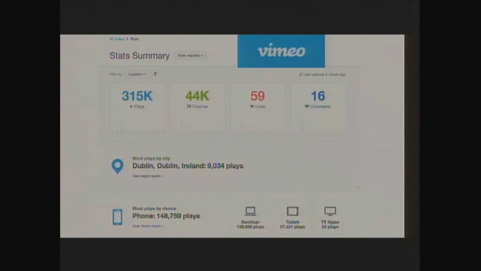And here's Vimeo. We had 315,000 plays, 44,000 finishes. Most people are watching on their mobile device, and then next is the desktop, and then tablets, and then TV apps, watching Vimeo through those devices.